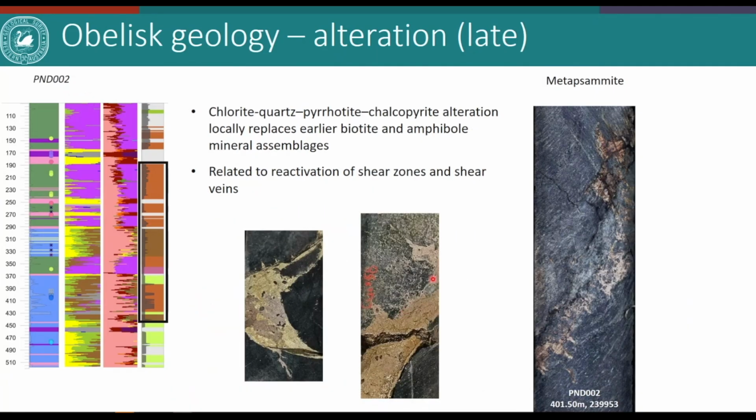A second generation of alteration overprints the earlier hotter temperature one, and the second one is defined by chlorite and sulfides. And these are semi-massive sulfides shown in the photographs here, piercement textures cutting the wall rock, and where they interact with the earlier quartz veins, they cause the local replacement or granulation of the quartz veins.